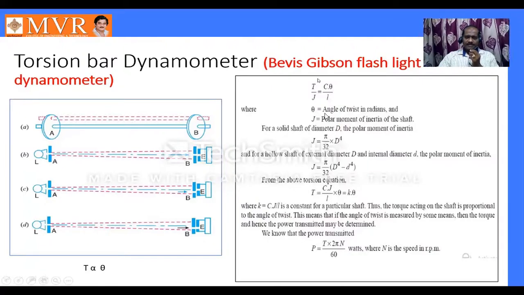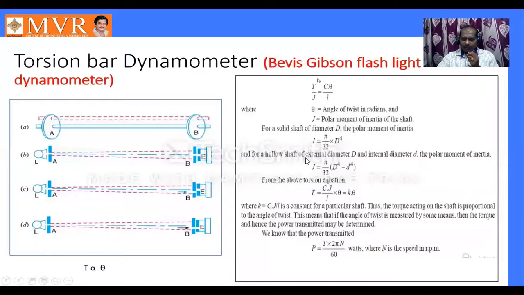T by J is equal to C theta by L. Theta is the angle of twist in radians and J is the polar moment of inertia of the shaft. For a shaft of diameter D, the polar moment of inertia J is equal to pi by 32 D to the power of 4.